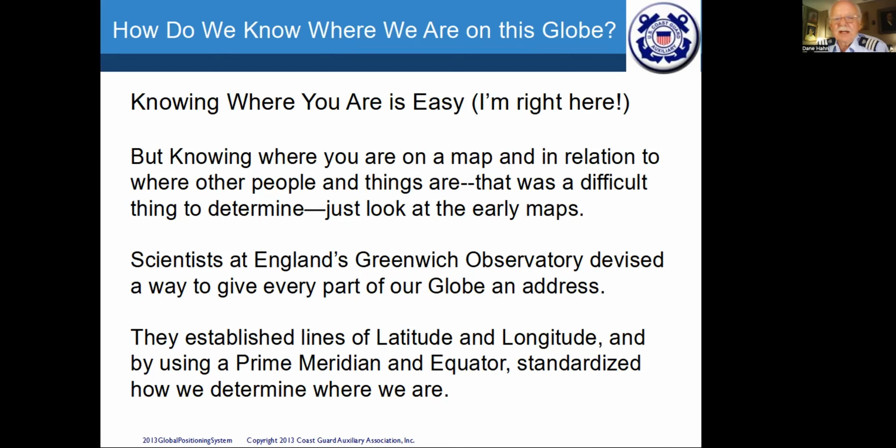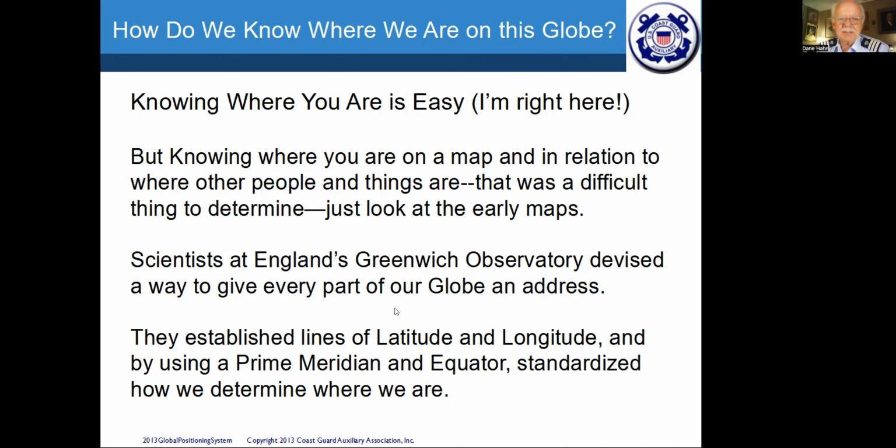These are the lines of latitude and longitude. And they determined, because they could, that the prime meridian should go right through the Greenwich Observatory. And it does, oddly. They have a big orange stripe that is the prime meridian that goes right through their parking lot and through the building and out the other side. It's fascinating.